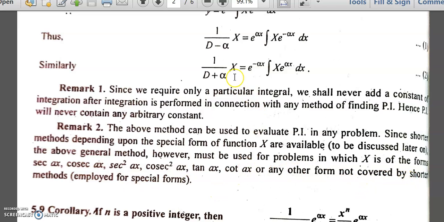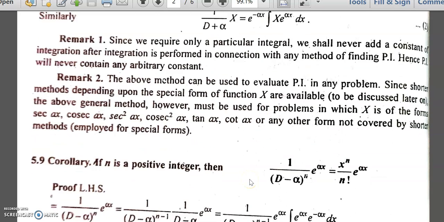There are some shortened methods, we'll discuss them later on. But when x is of the form sec ax, cosec ax, sec square ax, cosec square ax, tan ax, cot ax, then we will apply this method.